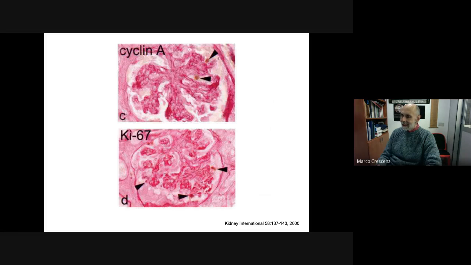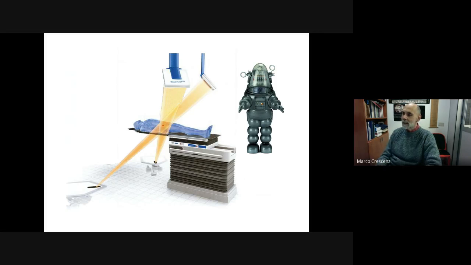So what has this to do with regenerative medicine? Well, in the science fiction literature of the 50s and of the 60s, you often encounter mysterious rays, such as these, that can heal any kind of wounds, any kind of diseases from the outside of the body.